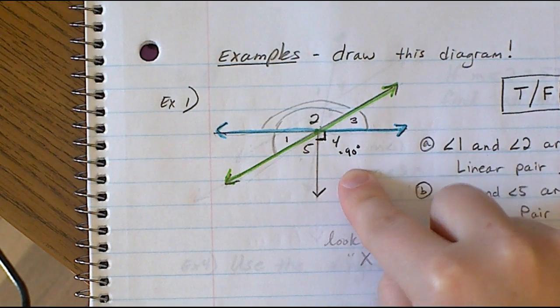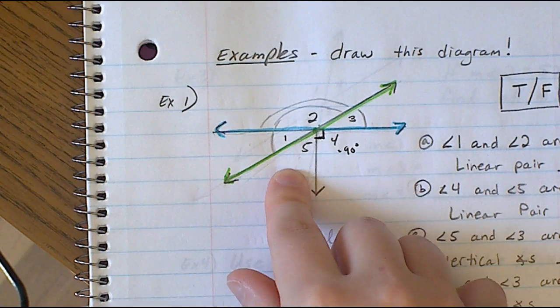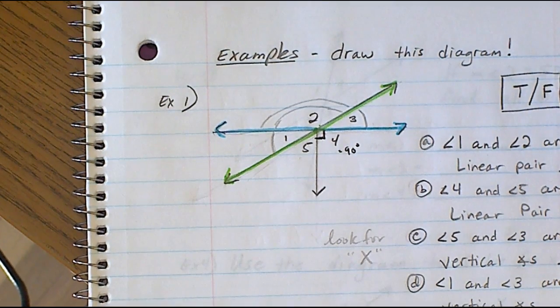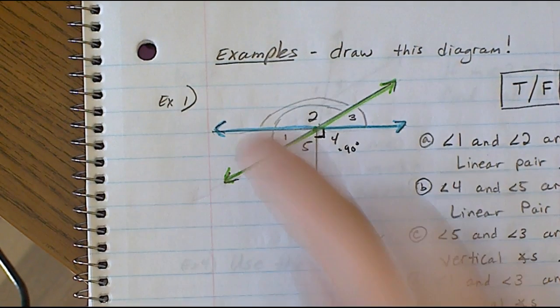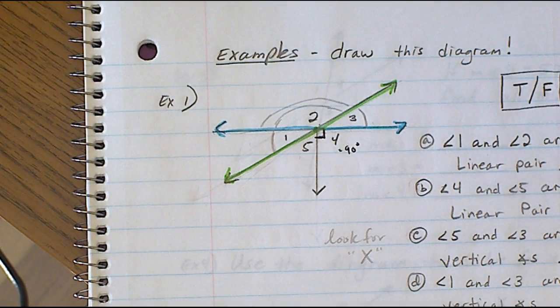So if angle 4 is 90 degrees, I know that angles 1 plus angle 5 has to be 90 degrees, which is how I know that they're complementary. 2, 3, or 1 and 2, we don't know what their measures are, but we know that they don't add up to 90. So the only acceptable answer for this would be angle 1 and angle 5.